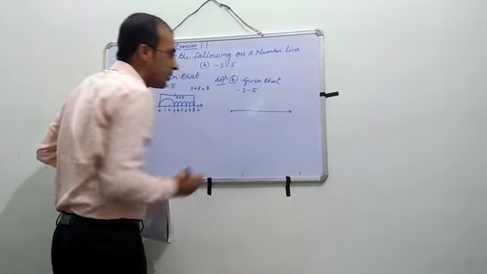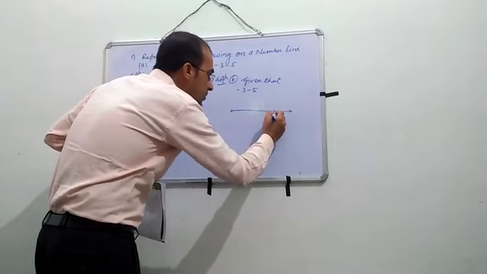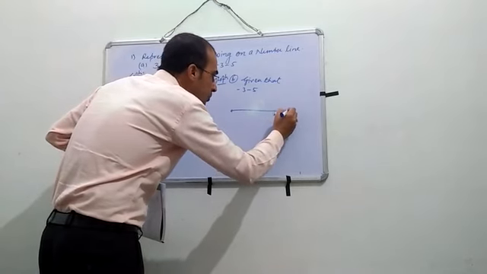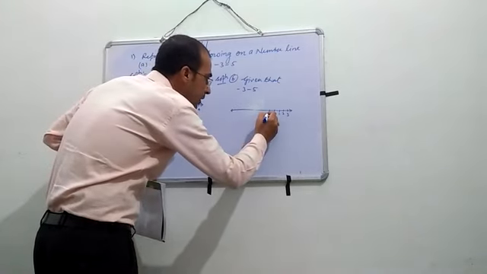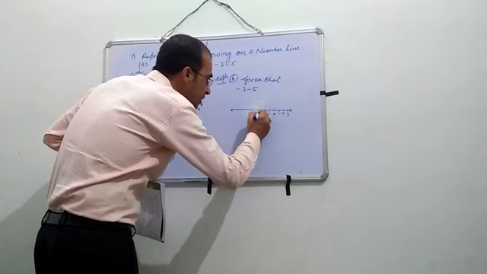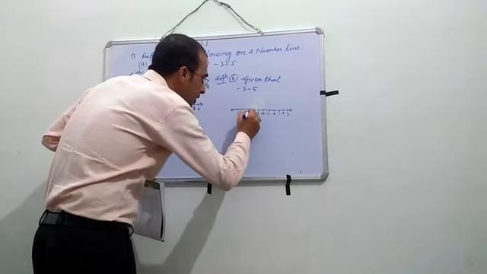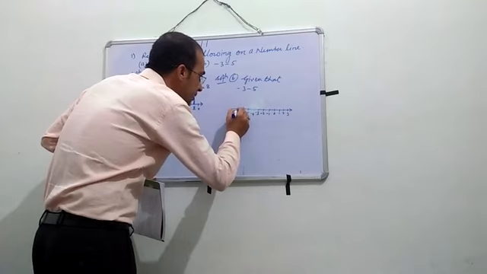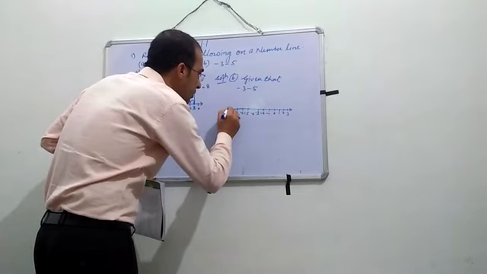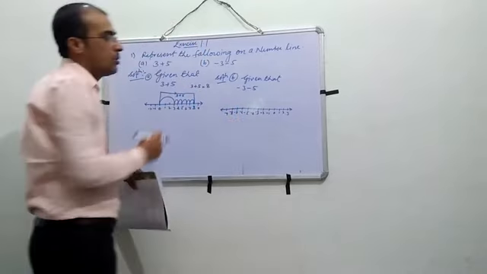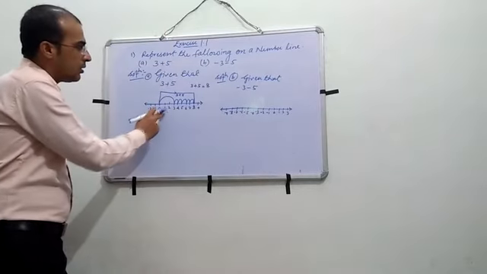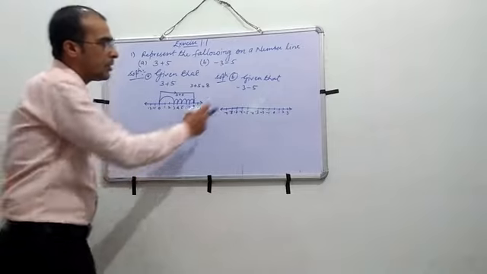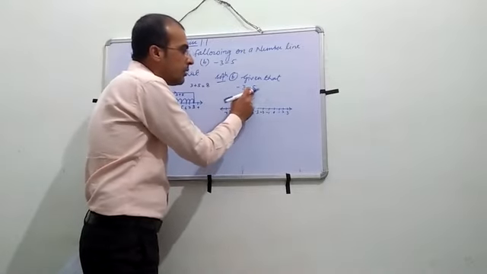This is your number line, you can see, and 0, 1, 2, 3, and so on. This is positive, and this side will be negative: minus 1, minus 2, minus 3, minus 4, minus 5, minus 6, minus 7, minus 8, minus 9, and so on. Here in the previous question this was positive and this was positive, but here this is negative and this is negative.